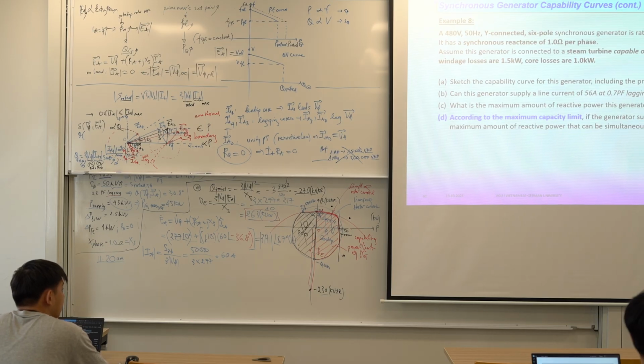Equal to 3 times 277 times 56 times sine theta new. 33 kVAR means 33,000 VAR. And we also give the magnitude, that's the 56. But now we need to modify theta. How many? Now, come on.